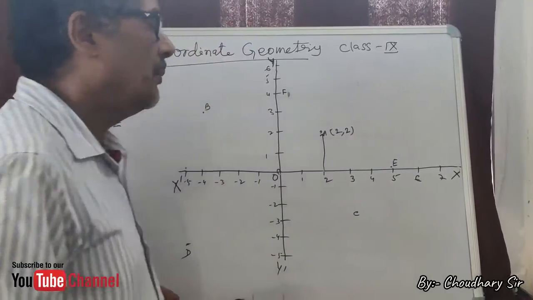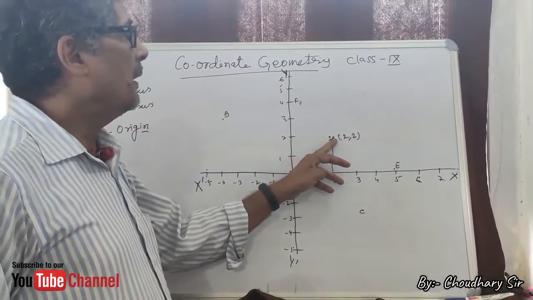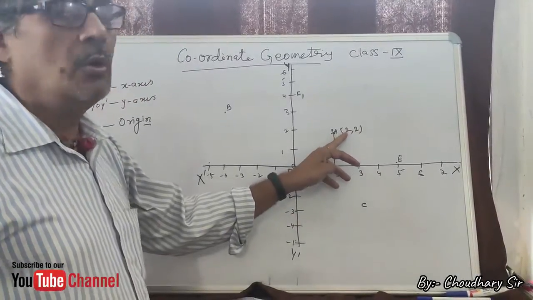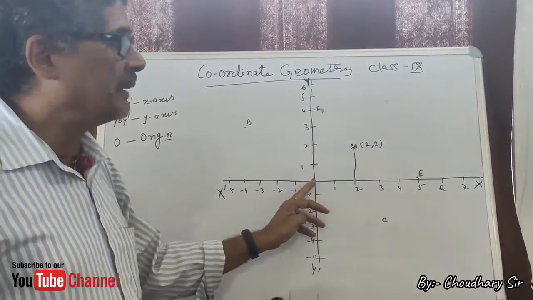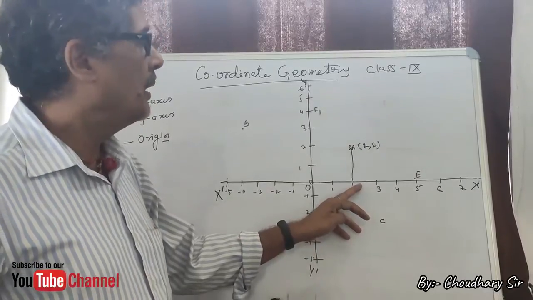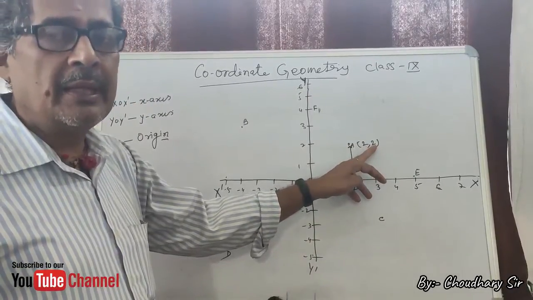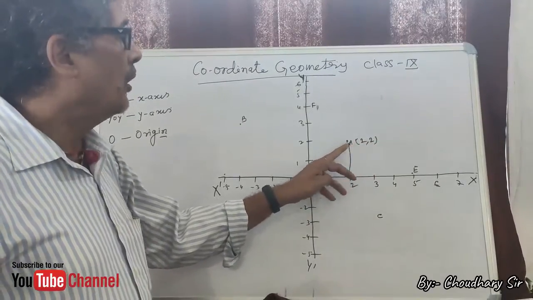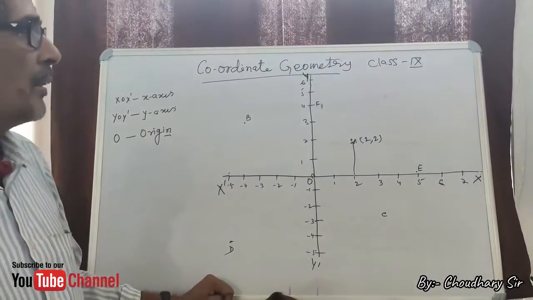So point A is represented by (2, 2). The first shows the distance of point A along the x-axis from the origin, and the second represents the distance of point A along the y-axis from the origin.